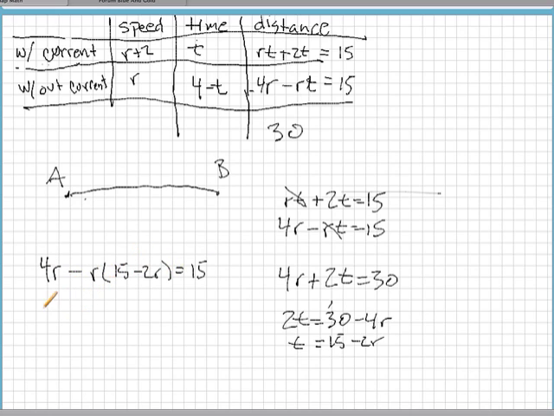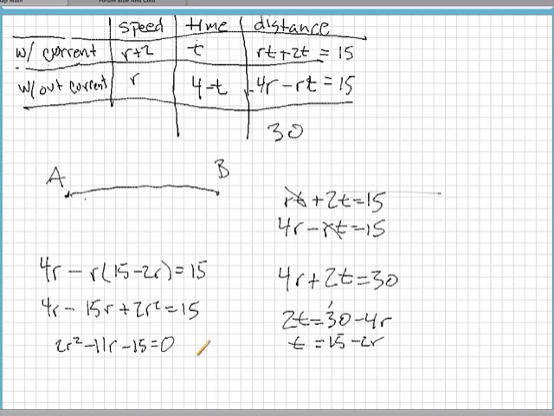So we multiply out r, so it's 15r minus, or it should be plus 2r squared equals 15. Now if we set it up, we can do the quadratic equation: 2r squared minus 11r minus 15 should equal 0.